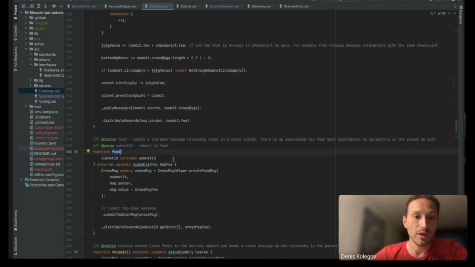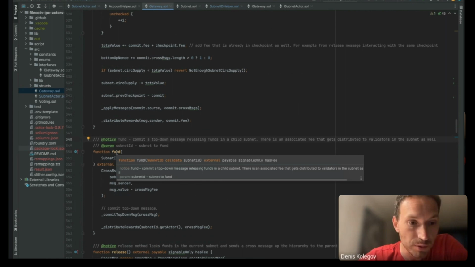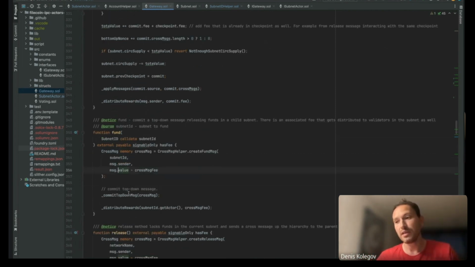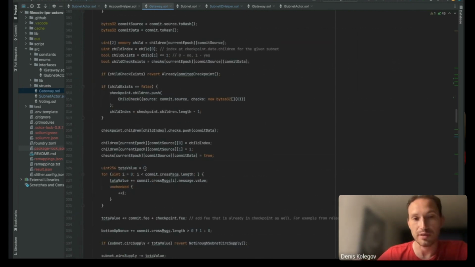If I want to send my tokens to the subnet, I call the fund method on the parent network and specify the target subnet ID. By design, this will increase the circulating supply, because we want to track it. There is a requirement that it's not possible to withdraw more tokens from the subnet than we sent to that net. If we send 100 tokens, then the maximum allowance for us is 100.